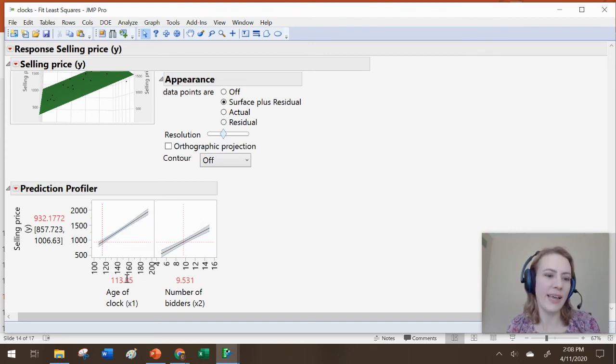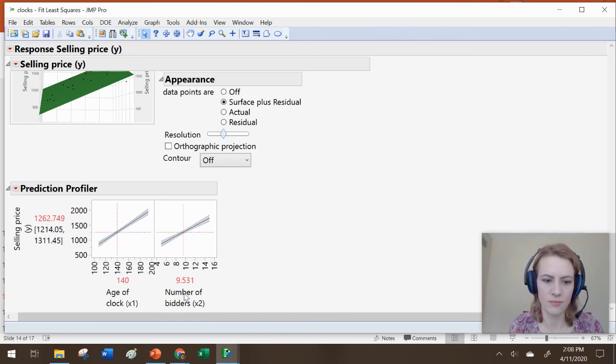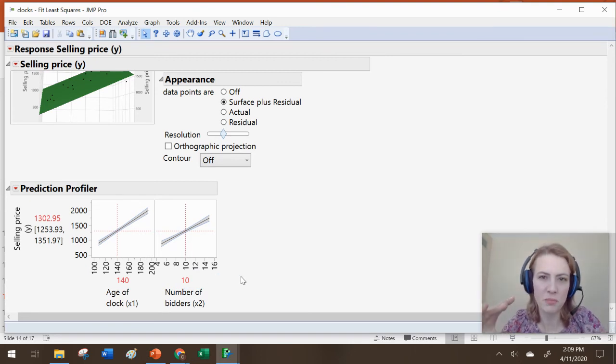So let's change the age to 140 years, and let's change the number of bidders to 10. These are the values we put into our prediction expression a few minutes ago. So this is going to calculate for us, for that unique combination, 140 years and 10 bidders, what we would predict for the price.